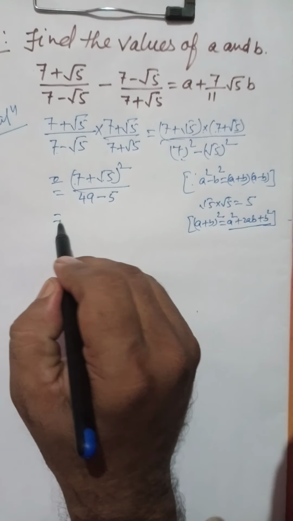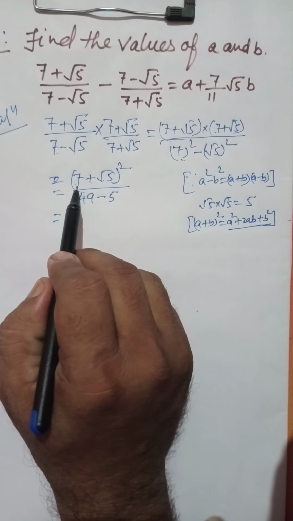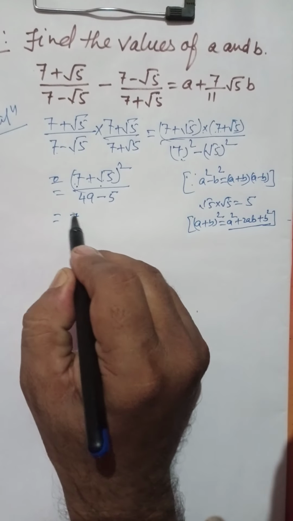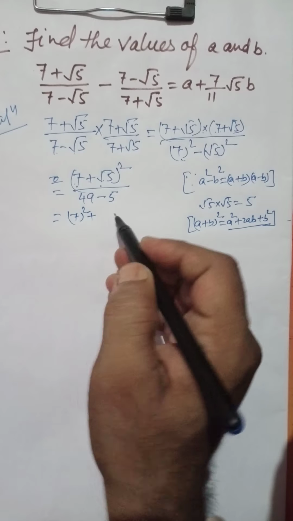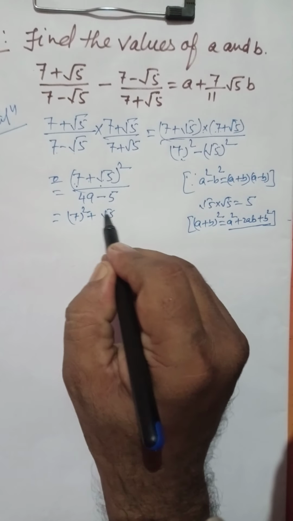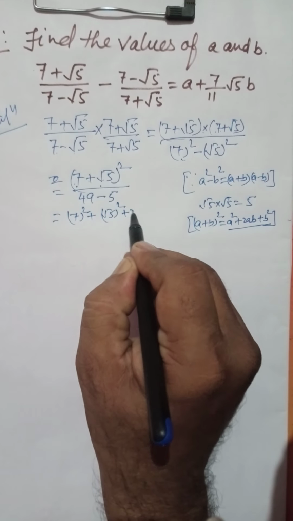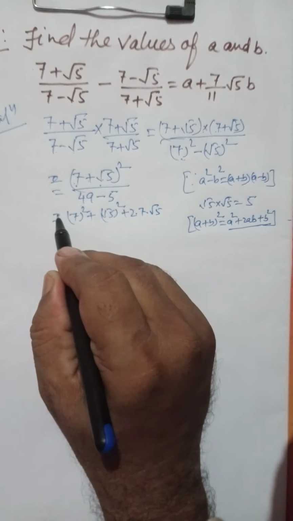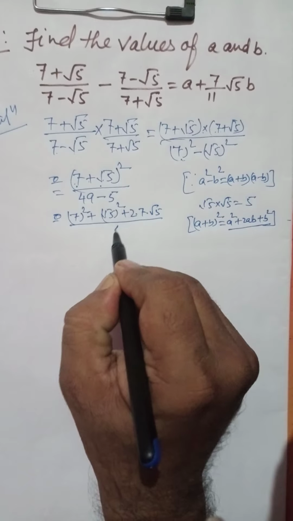Now see here, 7 is a and root 5 is b. So we can expand a square plus b square, that is root 5 whole square plus 2 into a, 7, into b, root 5, upon 44.